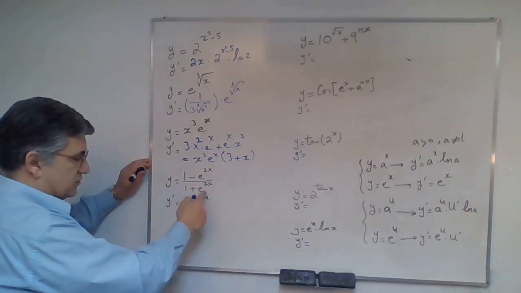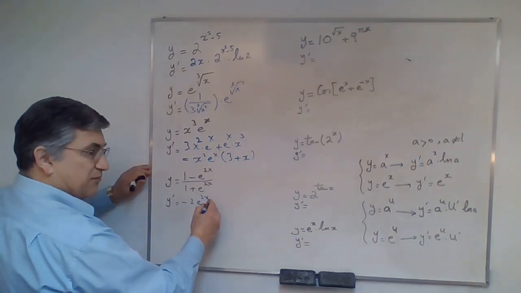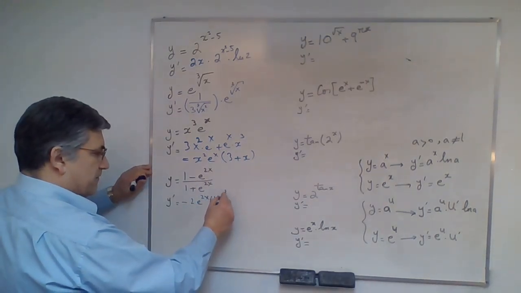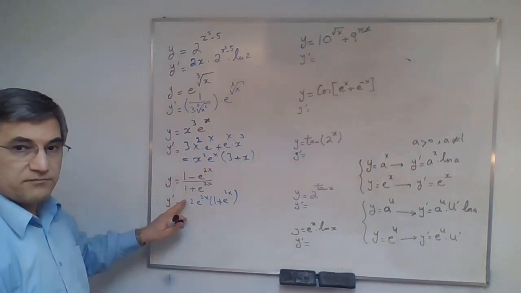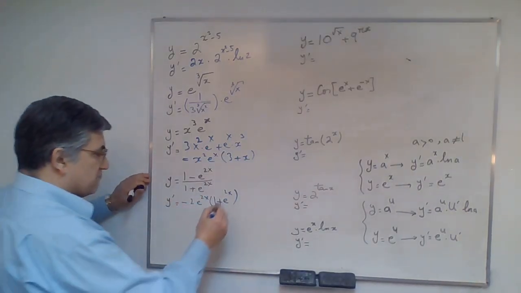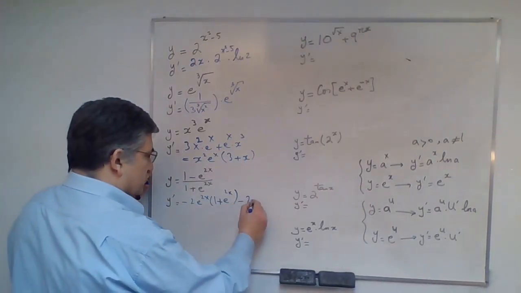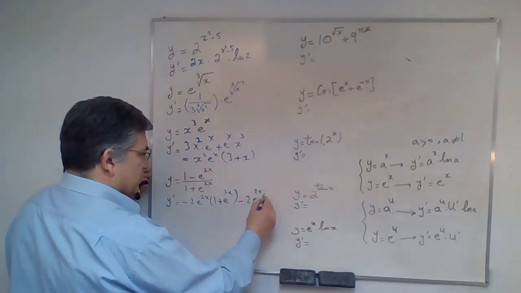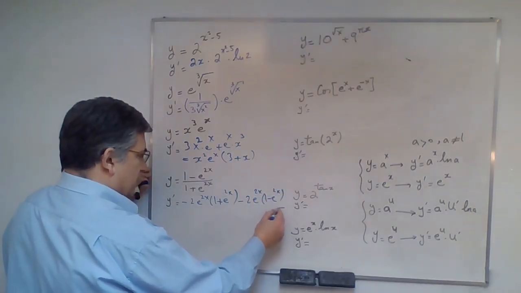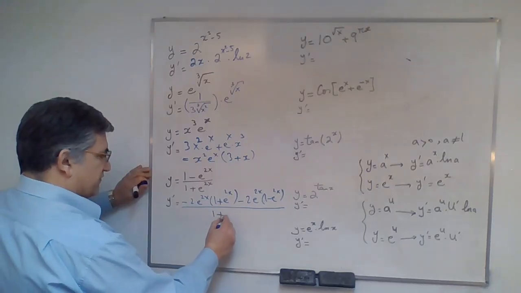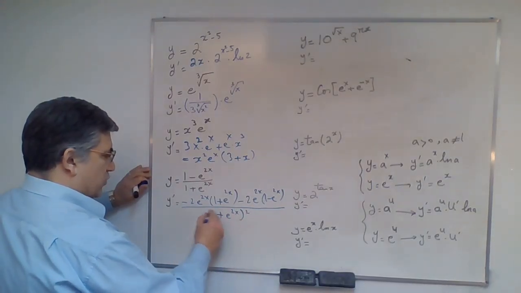So negative 2 e to the x, that's the derivative of top, times the bottom. So this is derivative of top times bottom, u prime v. And then minus v prime u, the derivative of the bottom, which is 2 times e to the 2x times the numerator. And the whole thing, of course, divided by the denominator squared.